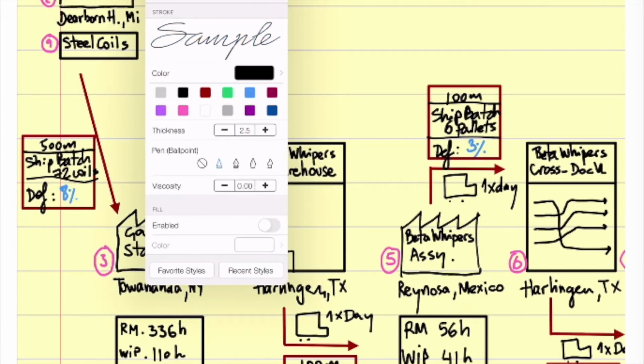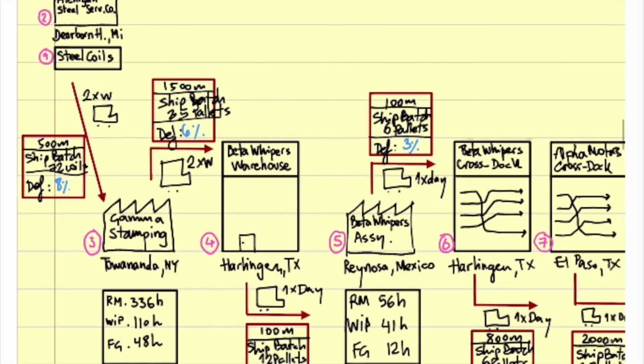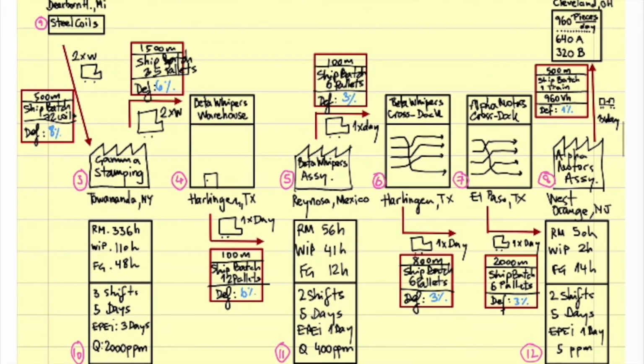Okay, and here we deliver twice a week. So you see here also an increase in the defective rate part.